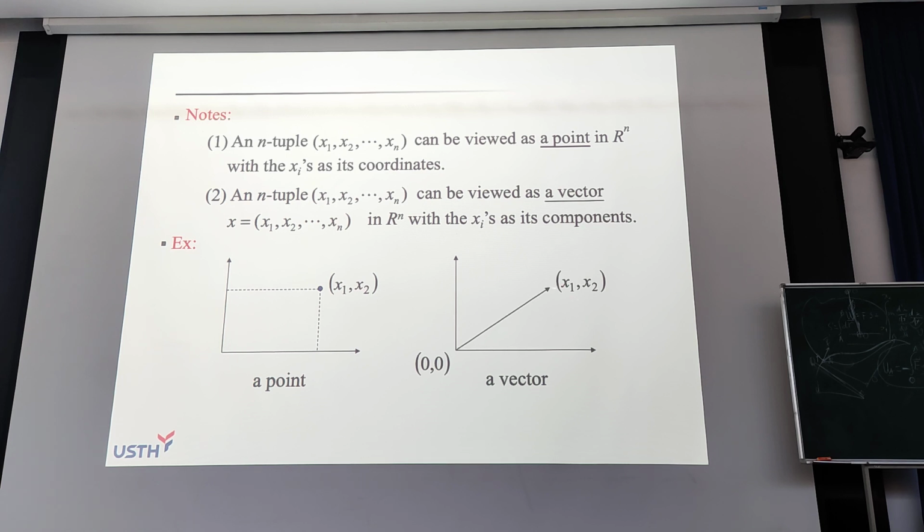Also, it can be considered as a vector going from the origin to that point. And in that case, the vector (x1, x2) will have two components. The first component going horizontal like that is x1, and the other going this way, vertical, is x2.